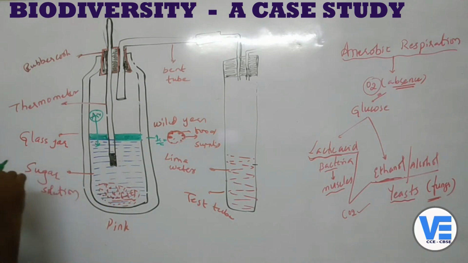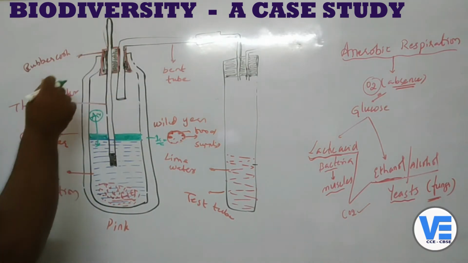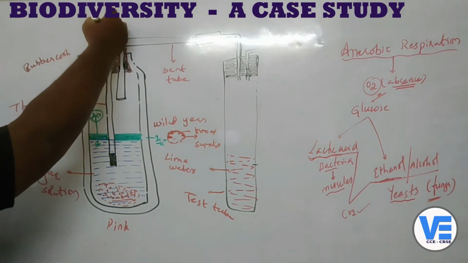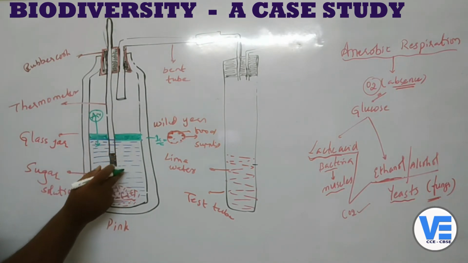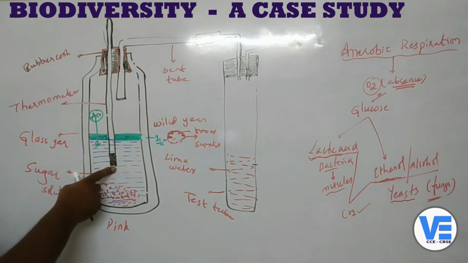Then this is the rubber cork we have put here. Through this rubber cork you will insert a thermometer so that it goes inside the water, that is, in the sugar solution.